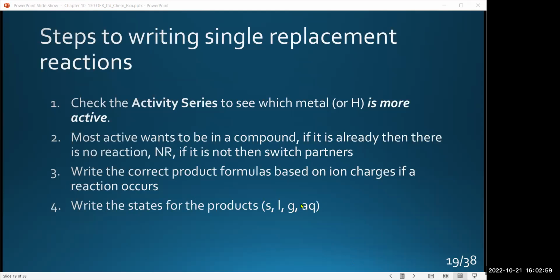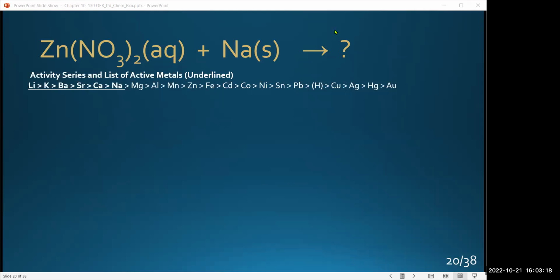And of course, for step 4, we write the physical states. And then, at the end, we balance it. Balancing these types of reactions is analogous to the other ones that we did, by trial and error. All right, let's take a look at this.